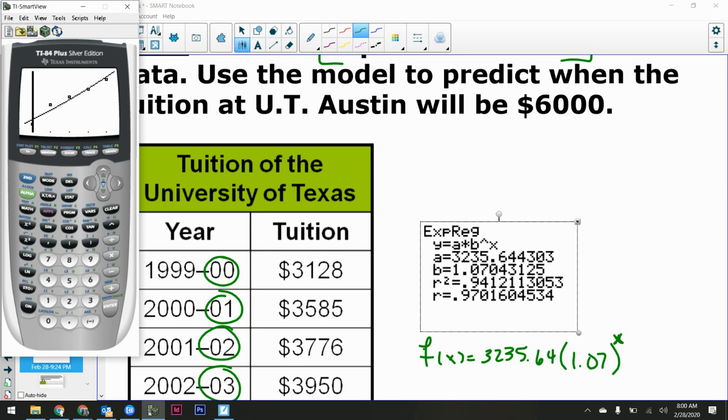All right. So there's my scatter plot and my exponential regression. Now, I want to know when it's going to reach 6,000. So is that an x value or a y value? That's a y value, right? So I'm going to go into y equals, and I want to know when my y value is going to be $6,000.